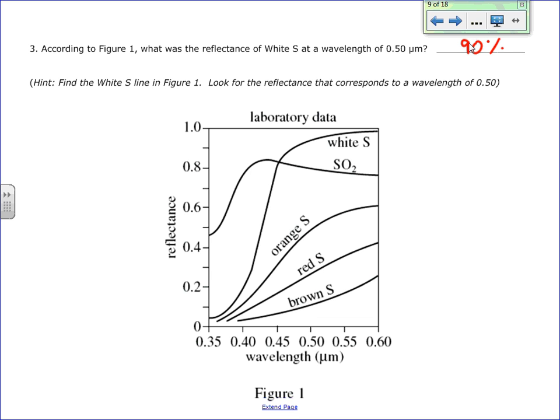Excellent. So if we start, we find 0.5 micrometer wavelength of white S. It hits white S here. We notice it hits about right here. So you may have written 0.90. All right, but remember, we need to convert that into a reflectance because it's the amount of light that's reflected. So white S reflects 90% of the 0.5 micrometer light that's shown on it.